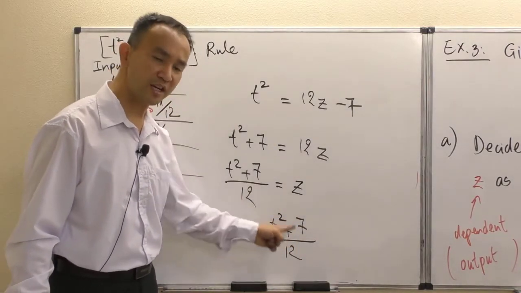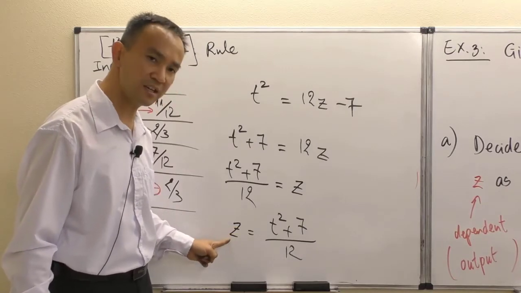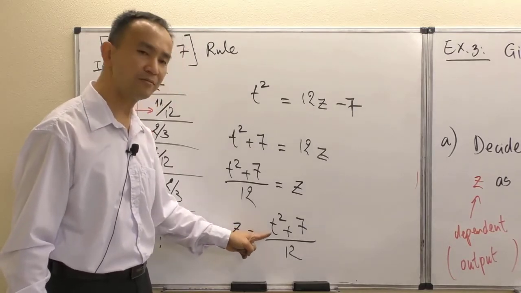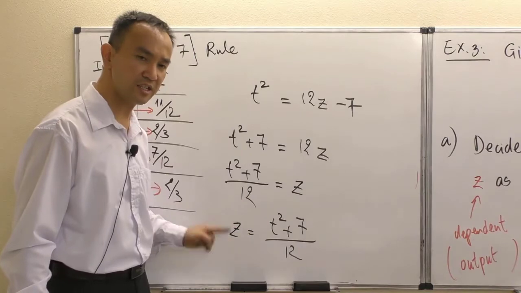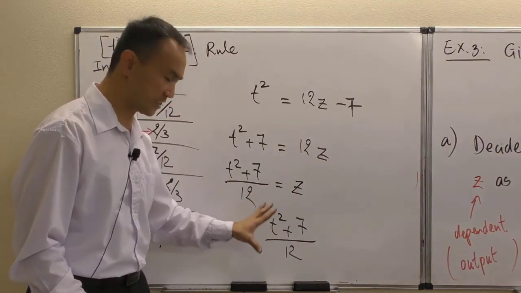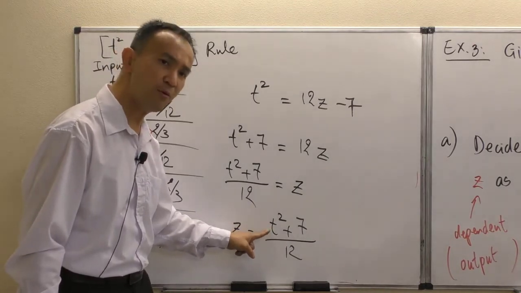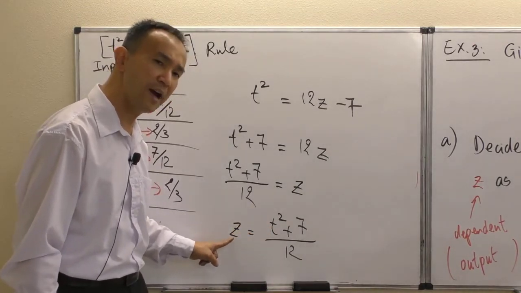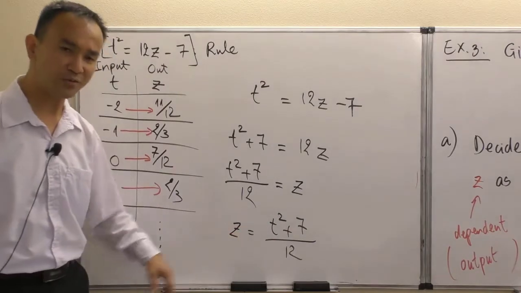This is where you can say yes, z can be regarded as a function of t, or t is the input and z is the output, because once we have expressed this, for every input we give t, there's only one output value for z. This is the way to guarantee this.